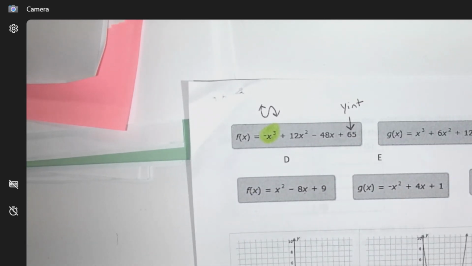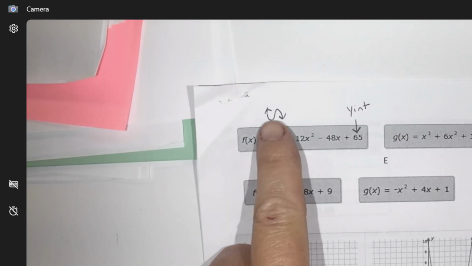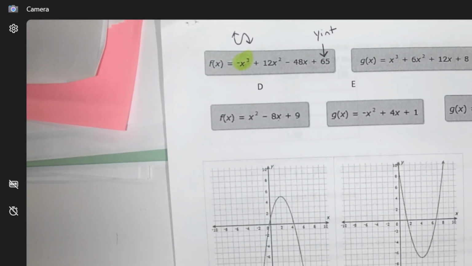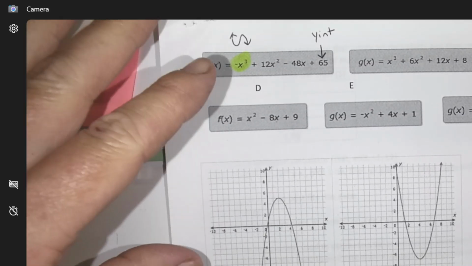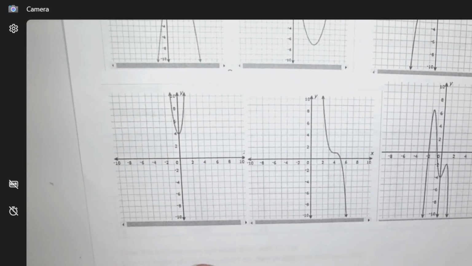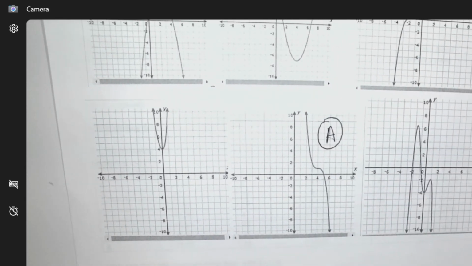You'd be at a y-intercept. If x was 0, you'd end up at 65. Do you see that with math? Okay, do we have anything that could fit this description? Any of these letters? Bottom middle one, so that's A.